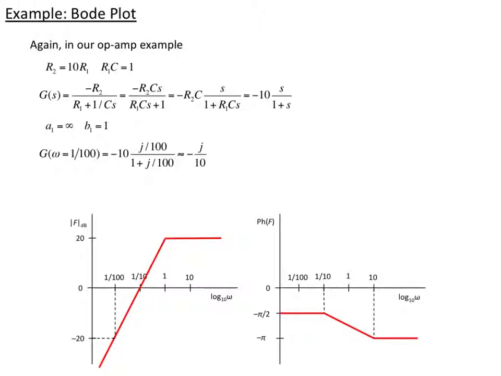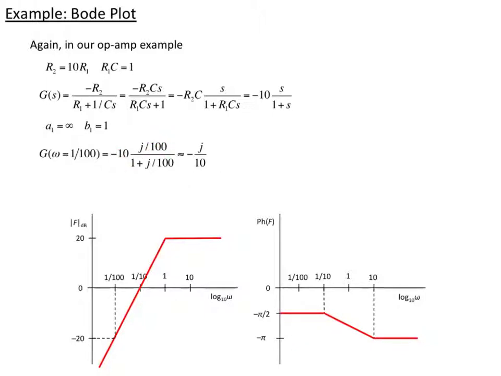And so now I do have a pole at 0, so I have to pick some value. I'm going to pick omega equals 1/1000th, much smaller than the 1 here. And when I do that, I plug in, and I get my minus 10, j over 100, j over 100. I can ignore this one. And so basically I get minus 10 j divided by 100 divided by 1.